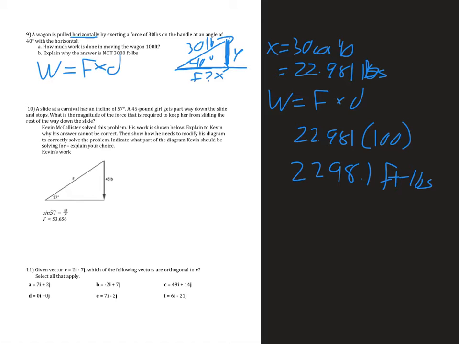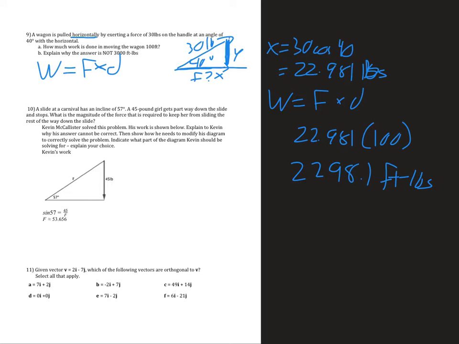Work is only force times distance if the force and distance are in the same direction. So we can't multiply 30 times 100 unless the wagon was being moved at a 40-degree angle, say up a 40-degree ramp, in which case the motion and the force are in the same direction, and you can then just multiply those things together.